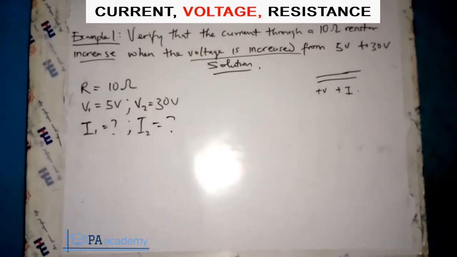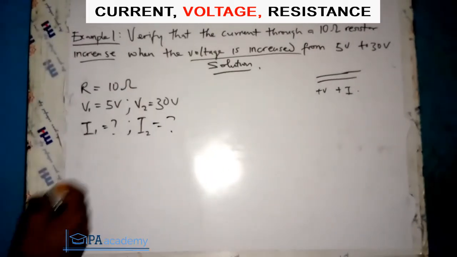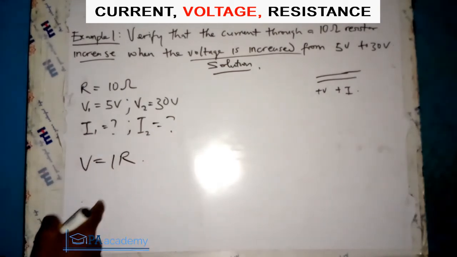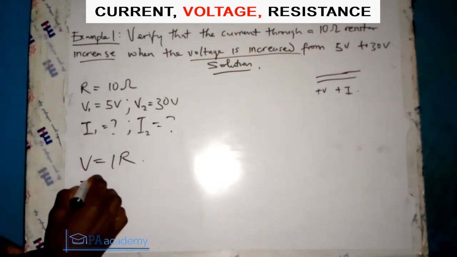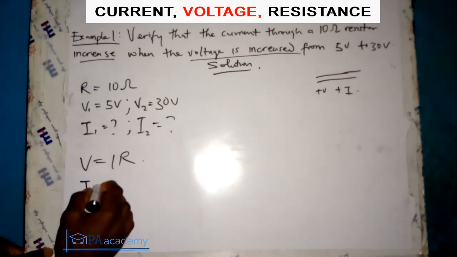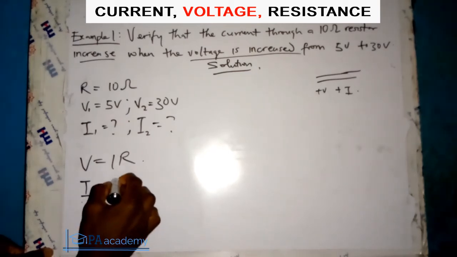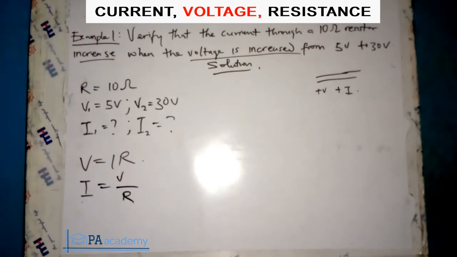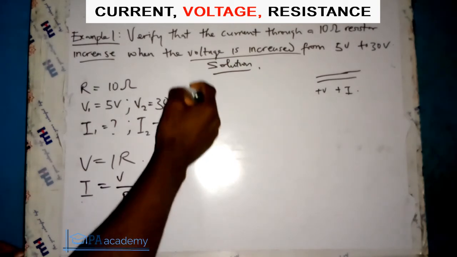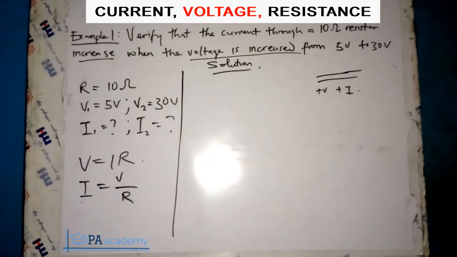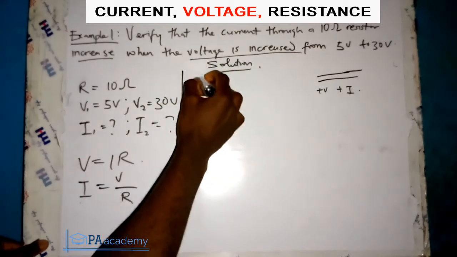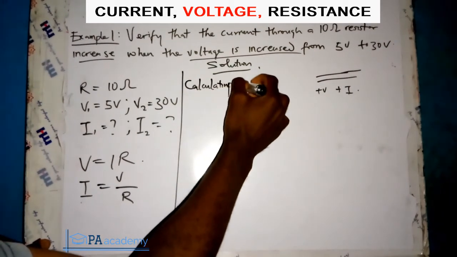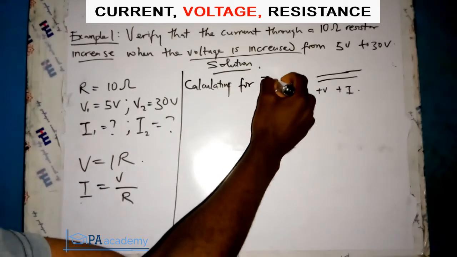So now let's bring out the formula again. We have V equals IR. Since we are calculating for I, which is the current, our I equals voltage over resistance, that is V over R. So now let's calculate for I1.